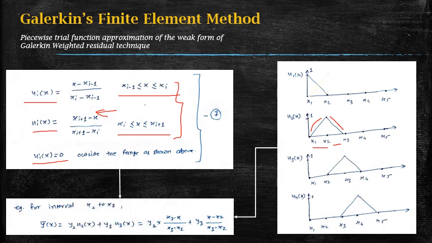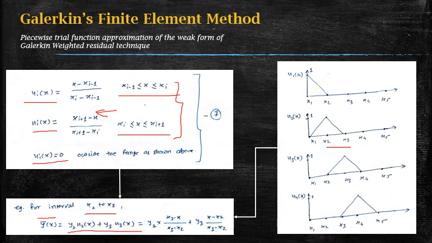Now consider, for example, the interval x2 to x3. Within this interval, how is y bar represented? It is represented like this: n2 of x into y2 plus n3 of x into y3. Let me clear it. What was our interval? X2 to x3. Within this interval, two interpolation functions are coming into picture.